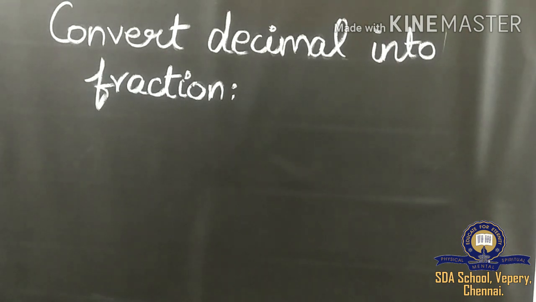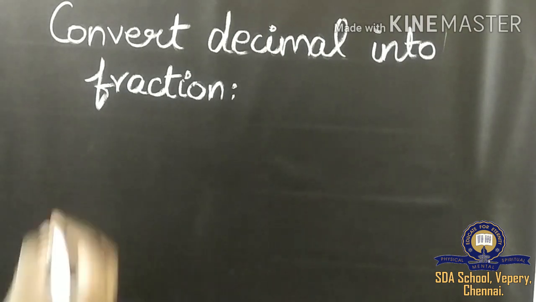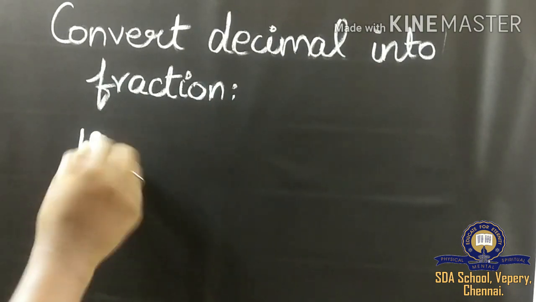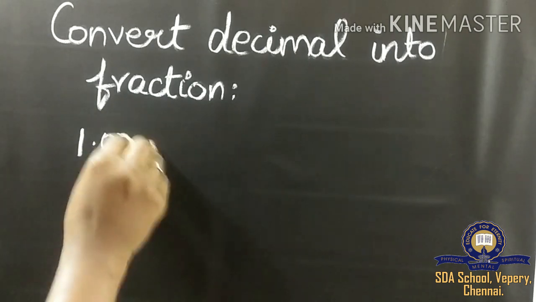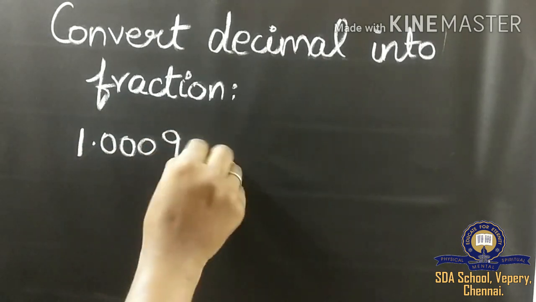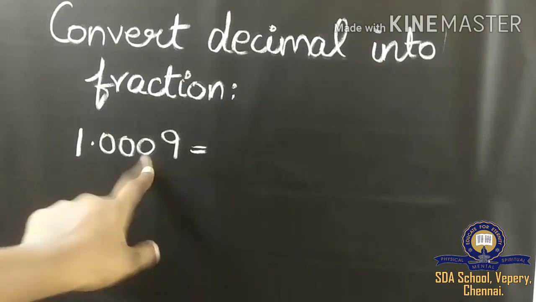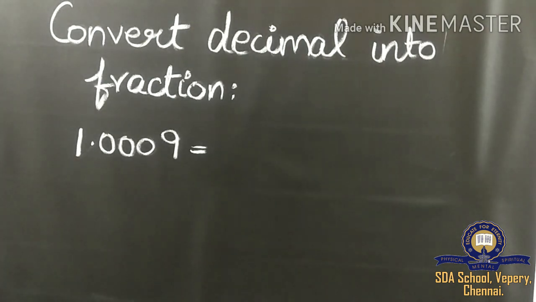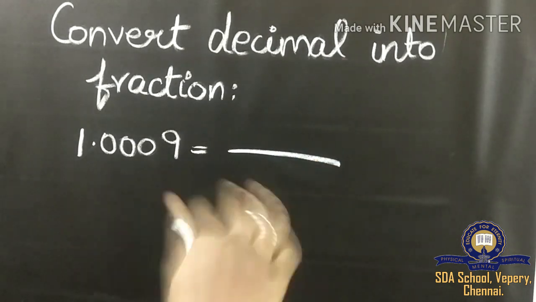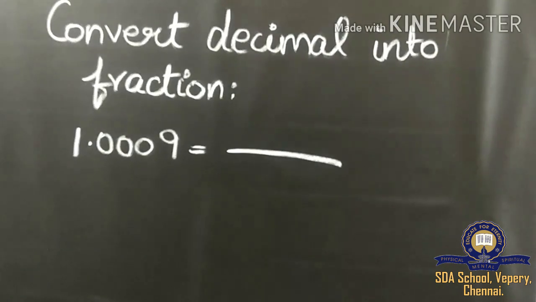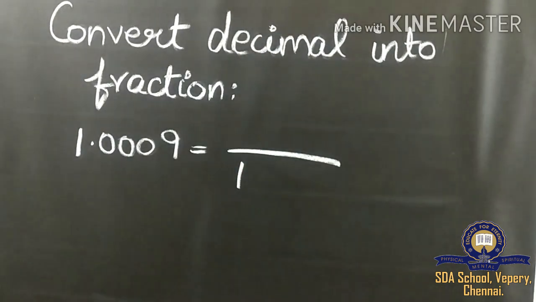Let's see one example of how to convert a decimal into a fraction. If the value is 1.0009, you can see how many numbers are after the point. 1, 2, 3, 4. 4 numbers are after the point, right? So if you convert a decimal into a fraction, always you should put 1, okay?